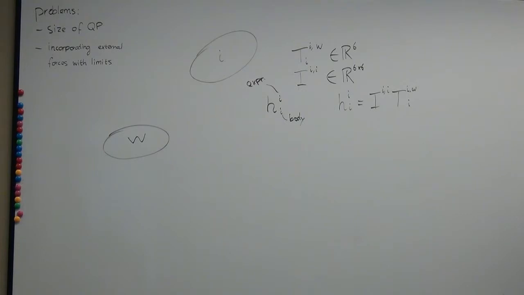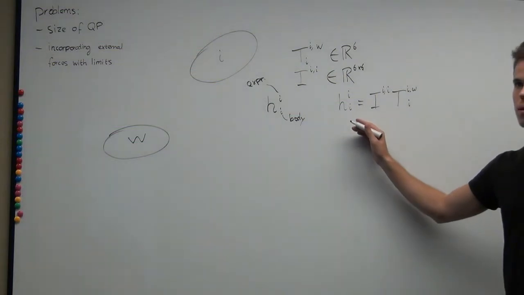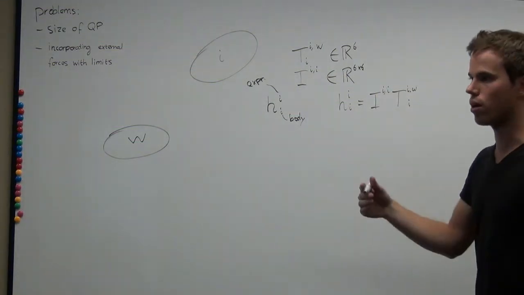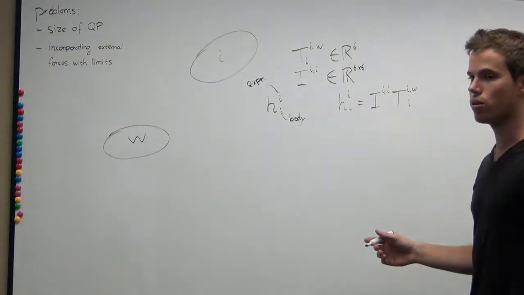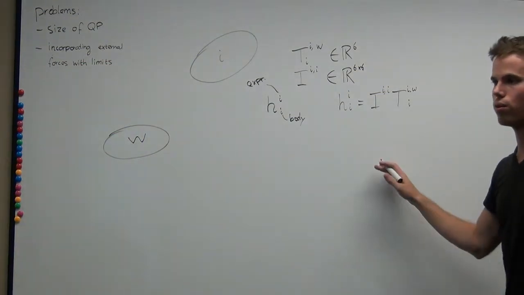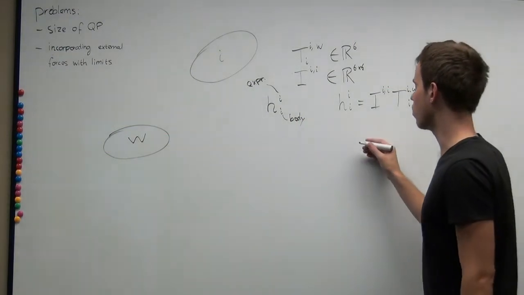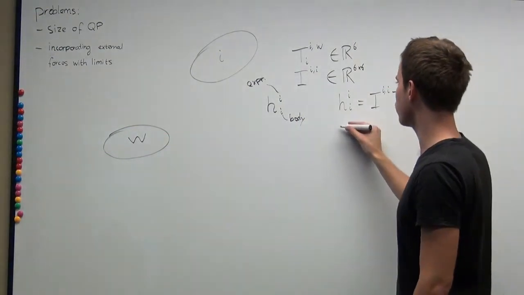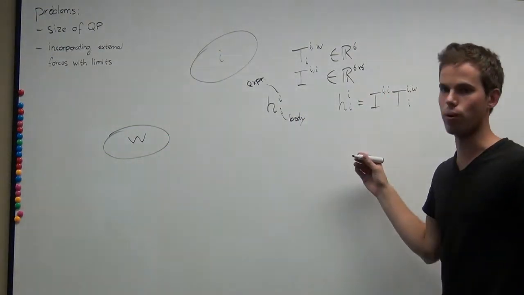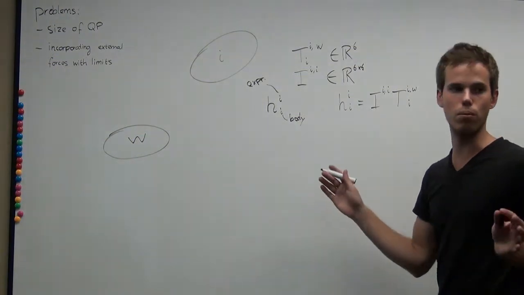So that's momentum. And there's a rule for changing frames on momenta, just like there is for twists and wrenches. It turns out, and I'm not going to derive it, that the rule for changing frames of a twist or of a momentum vector is the same as the one for wrenches. So they sort of live in the same space.